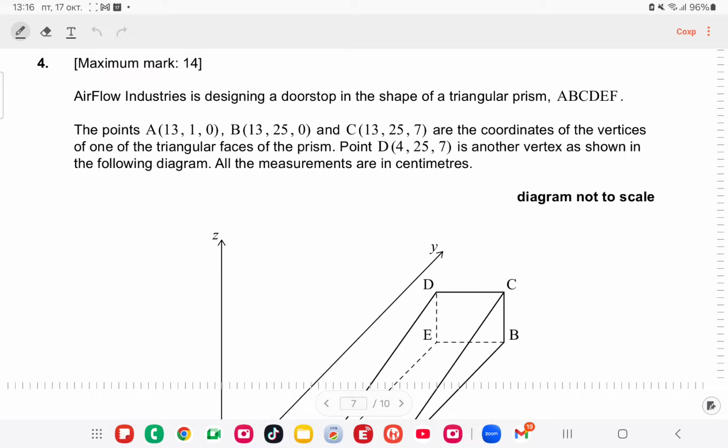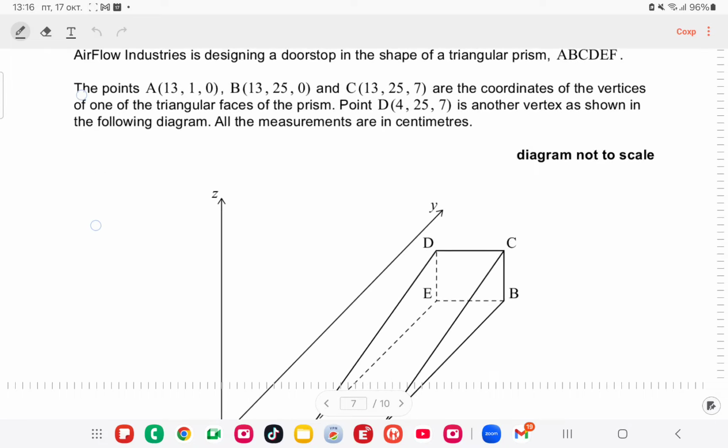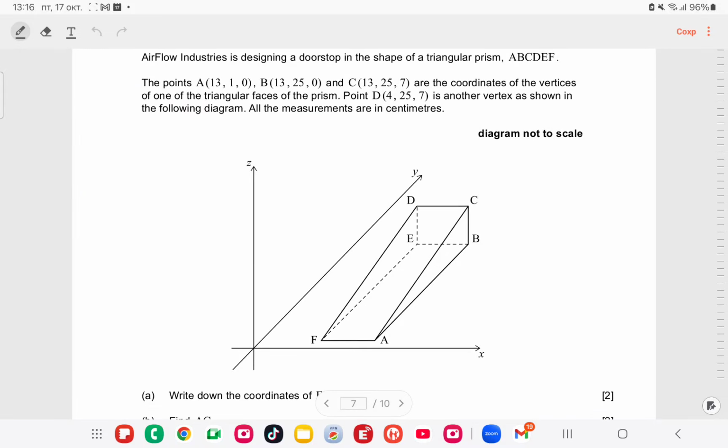So it's given the diagram. Airflow Industries is designing a doorstop in the shape of triangular prism ABCDF as shown in the diagram, and points A, B, C are given, and it's the points of this prism.